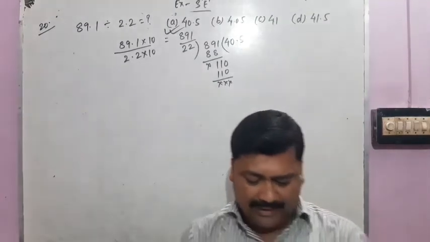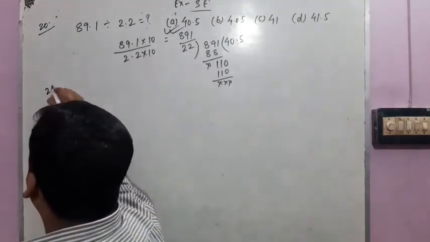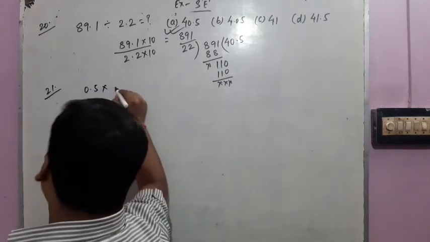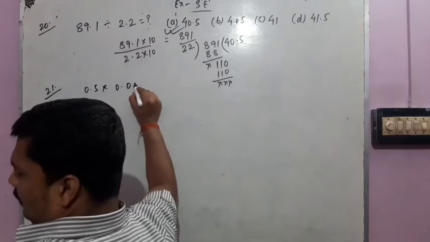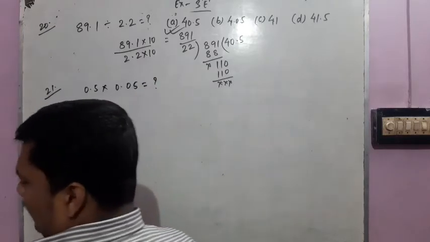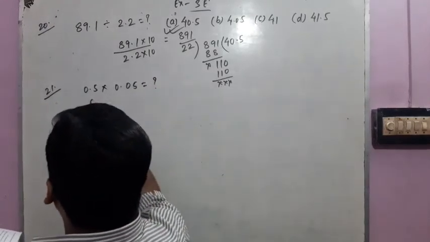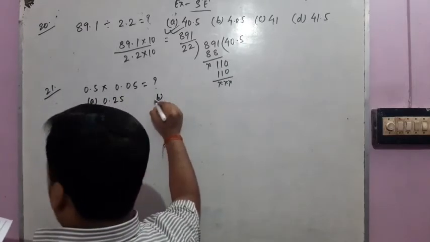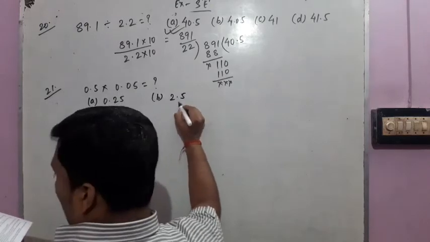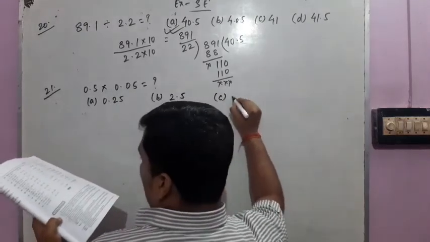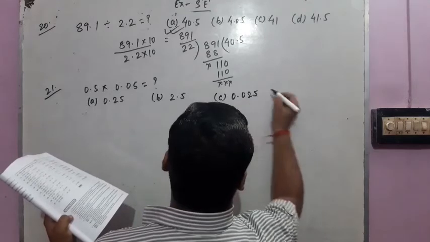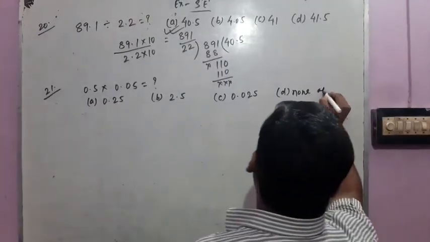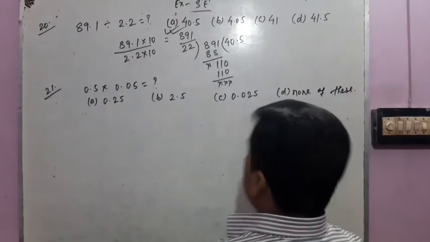Now in question number 21, look here. 0.5 we have to multiply with 0.05 is equal to what? Here also 4 options are given, students. 0.25, 2.5, C, 0.025 and the option D is none of these.